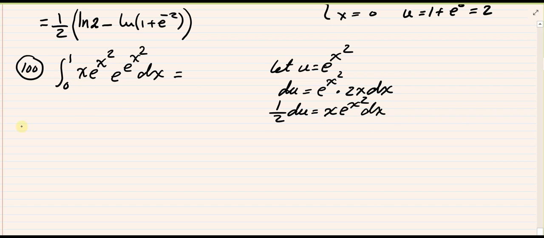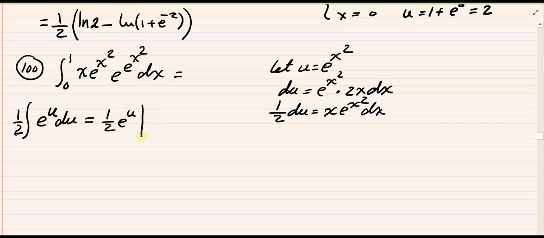So this is going to be 1/2 the integral of e to u du, right? The reason for a half is here. And the integral of e to u is itself. That's going to be 1/2 e to u.